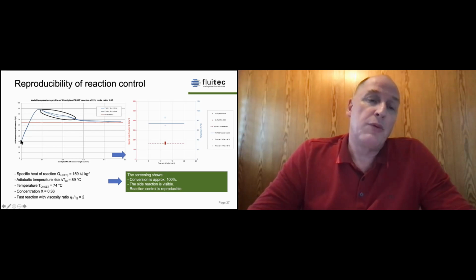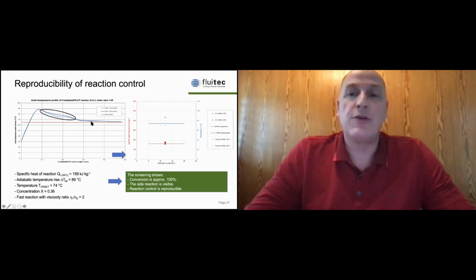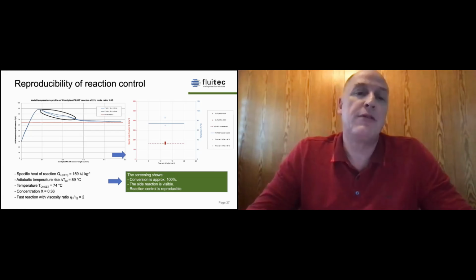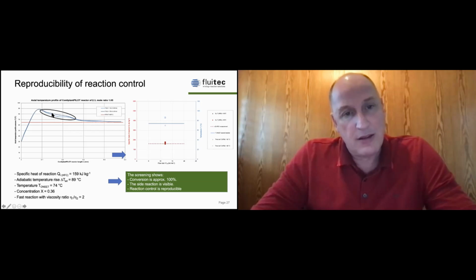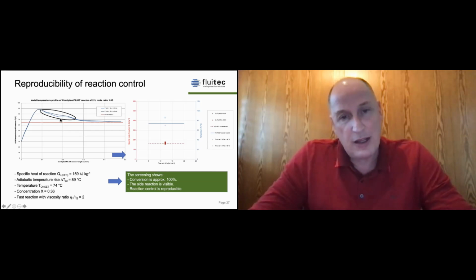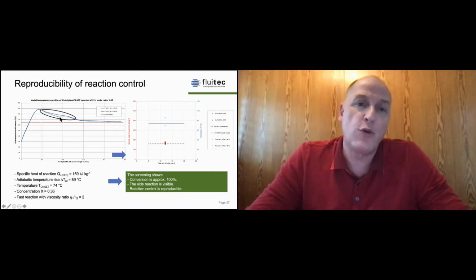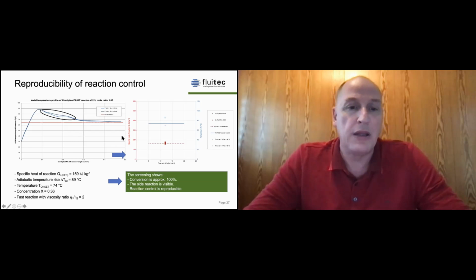It's a shoulder because normally a reaction should go down, and then you see we have 100% of conversion, everything is good. But here we had these two deviations, and that was quite interesting. So let's have a look. What does it mean? At 74 degrees here starts the decomposition or the side reaction. And this is what happened here.